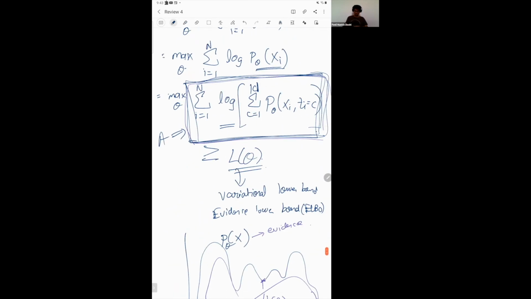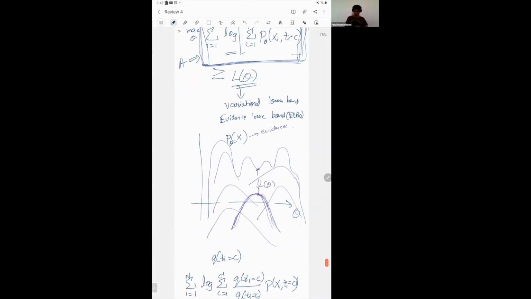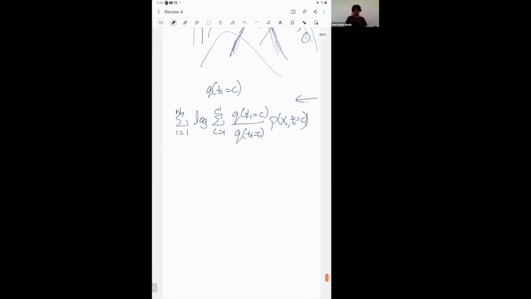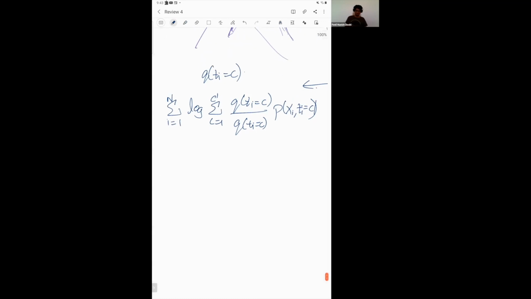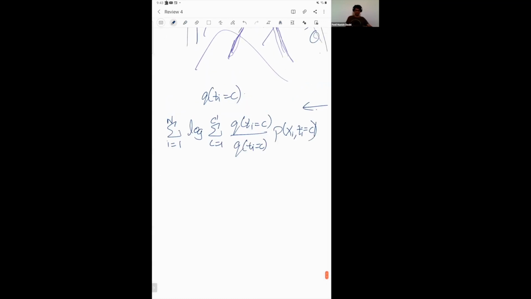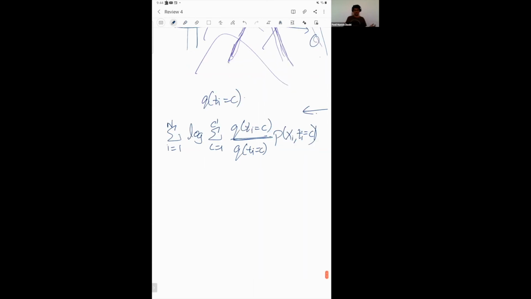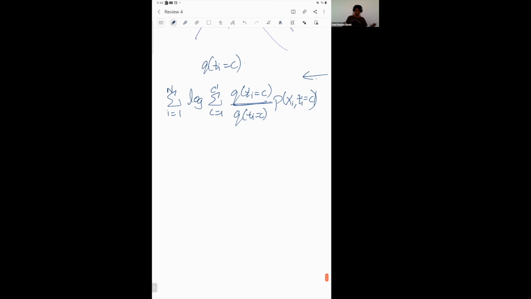So these and these things both are the same. This is just multiplied and divided by q of ti equals c. And now that allows me to get a lower bound because q of ti equals c is in this case a discrete distribution, because ti is a discrete variable, defined over ti.